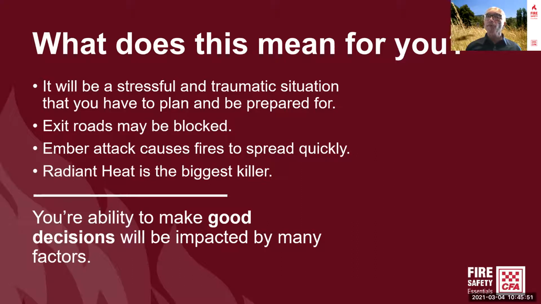We've spoken a bit about the radiant heat and its indiscriminate, almost toxic nature as it blisters and causes cognitive malfunction, the ability to think and think straight. Radiant heat is by far the biggest killer. There's no two ways about that.